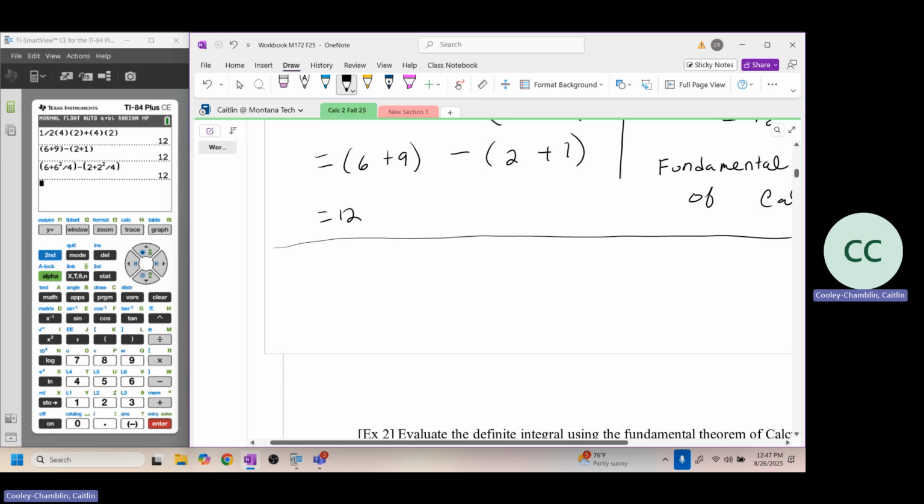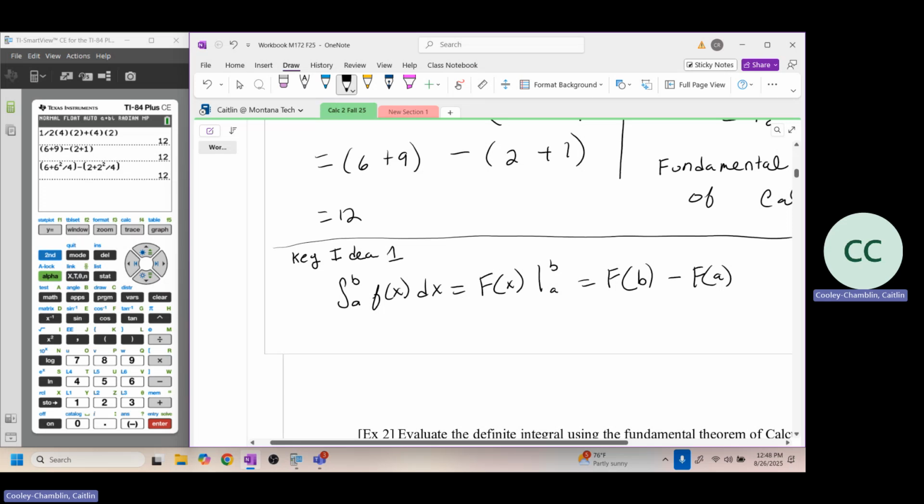Okay, and so my key idea number one is my integral from a to b of lowercase f of x dx is equal to my antiderivative evaluated from a to b, which is really my antiderivative evaluated at b minus my antiderivative evaluated at a.